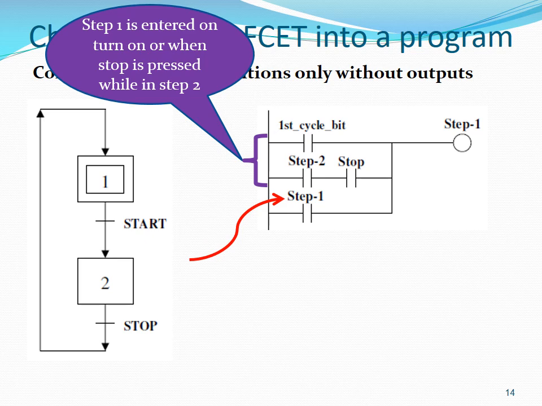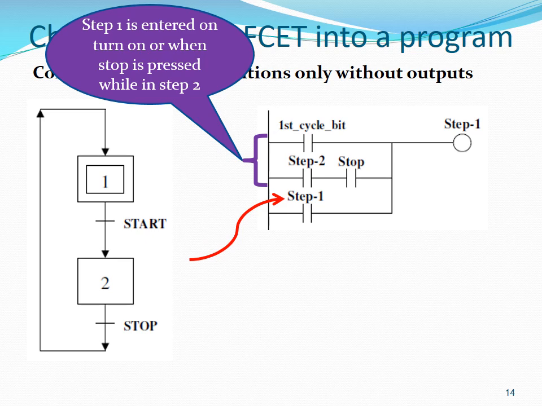The first cycle bit normally open contacts are closed during the first cycle, resulting in the output step 1 being energized. The second line on the rung represents getting into step 1 when we are in step 2 and the stop button is pressed. Step 2 normally open contacts represent the state of the memory bit step 2.